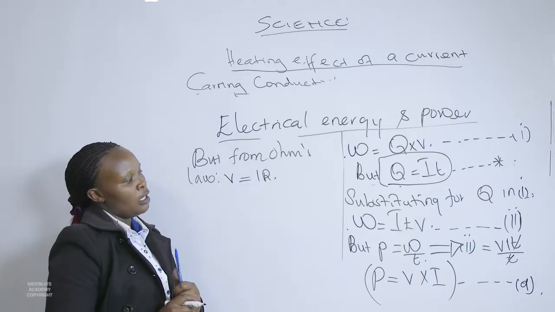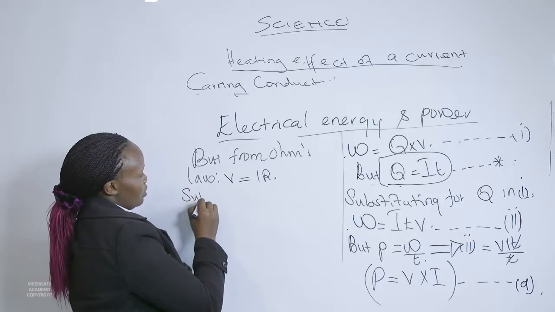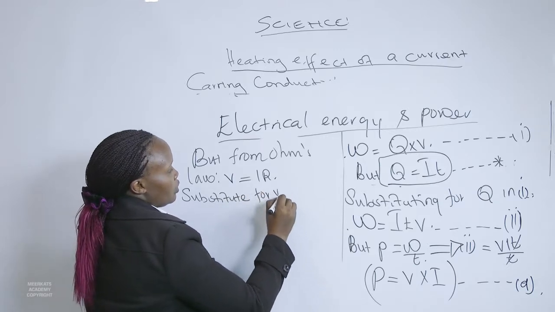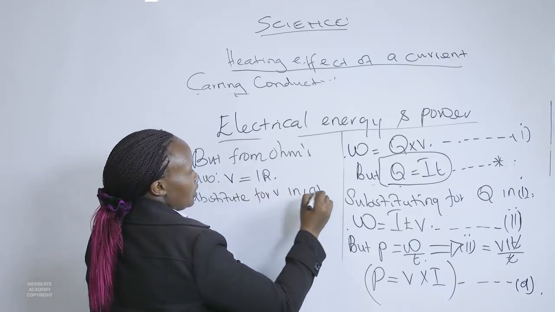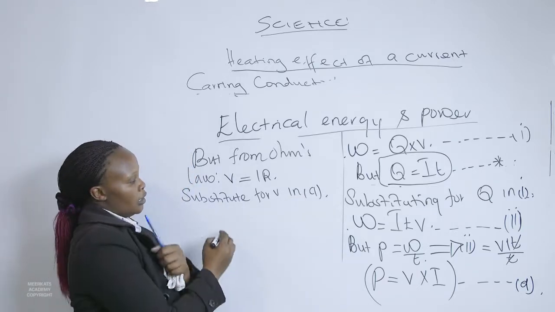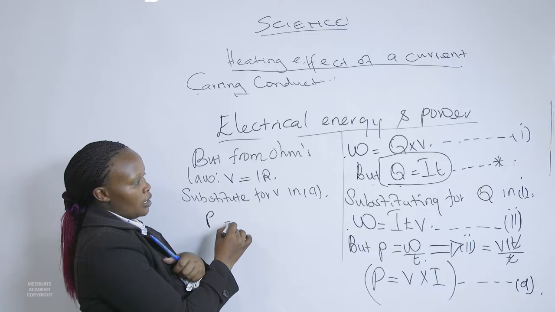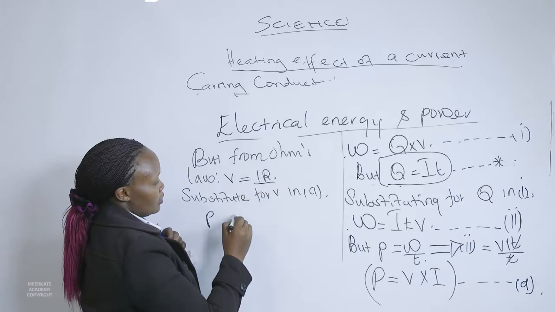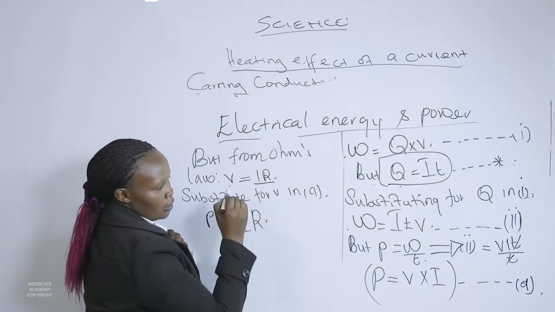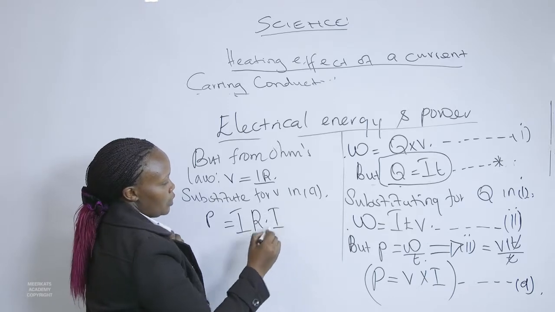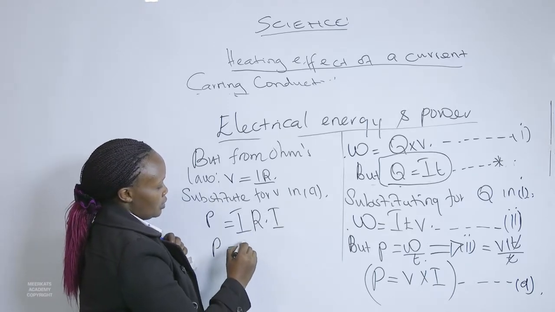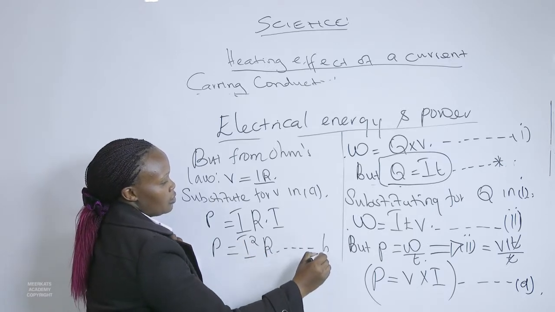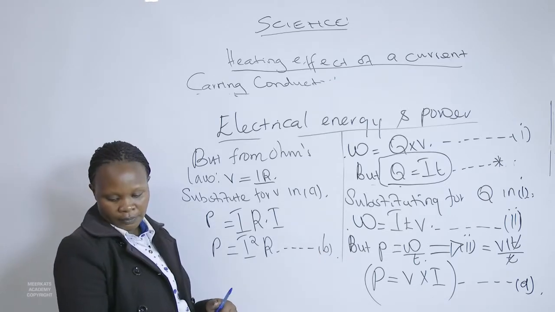Therefore, substitute for V in A, so that now P becomes, in place of V, you put IR, so that now we have IR dot I, and therefore P is I squared R. Call that one equation B.